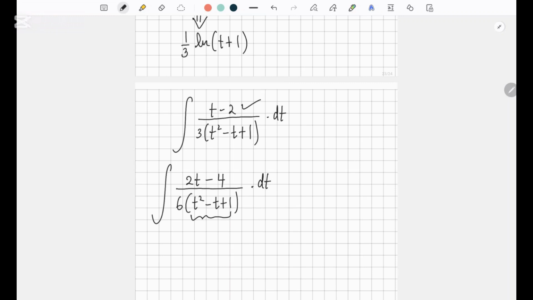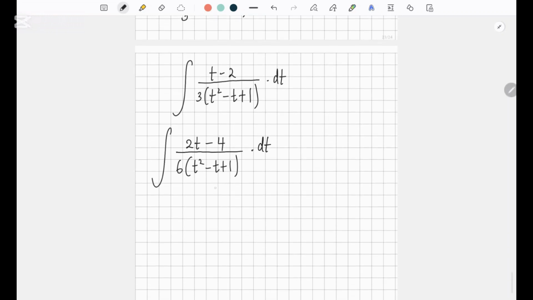So we need to get 2t minus 1 for our numerator so that we can solve the integral in an easier way. So now I could write this as 2t minus 1 minus 3, right, over 6 into t squared minus t plus 1 dt.